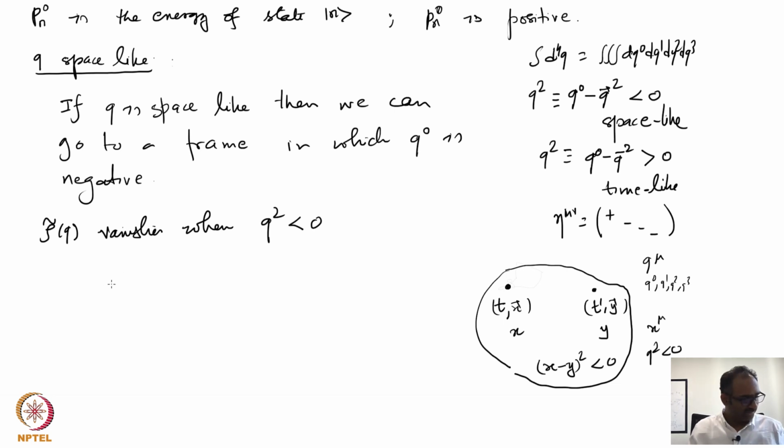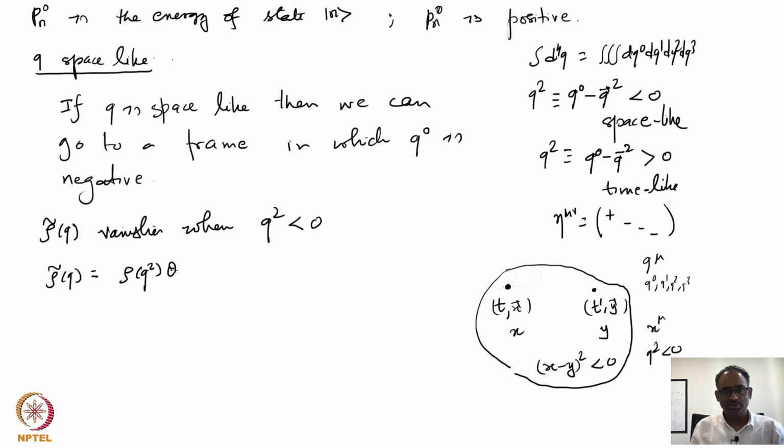And so, I can write, using this, rho tilde of q is equal to rho of q square. Here I am emphasizing that rho tilde q can be only a function of q square because it's Lorentz invariant.